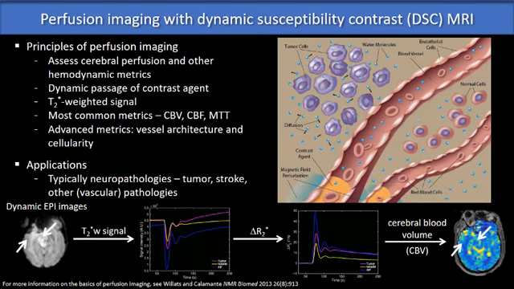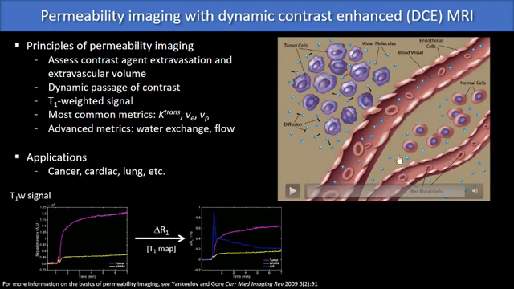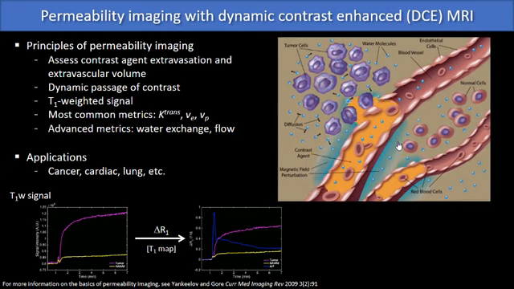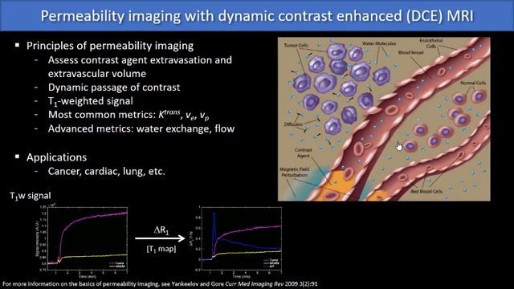That is actually not what typically happens. So in brain tumors, we have a leaky blood-brain barrier, and so we get leakage of contrast agent into the extracellular, extravascular space, and that causes T1 effects, T1 shortening, and that's really the basis for dynamic contrast enhanced MRI. So DCE really assesses contrast agent extravasation.